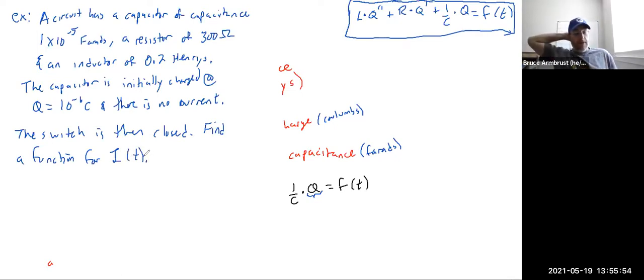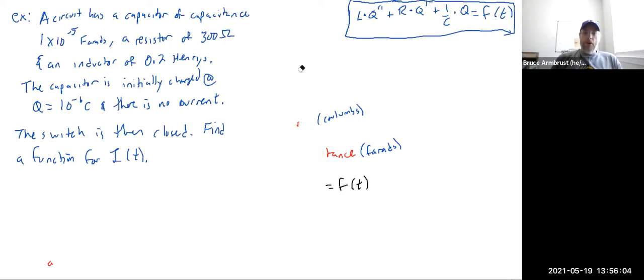Okay, so we're going to see if we can figure out what the current is at any given time. So this is the typical kind of problem you're going to see with these. Obviously, there might be some variation, but for the most part, that's what they look like.